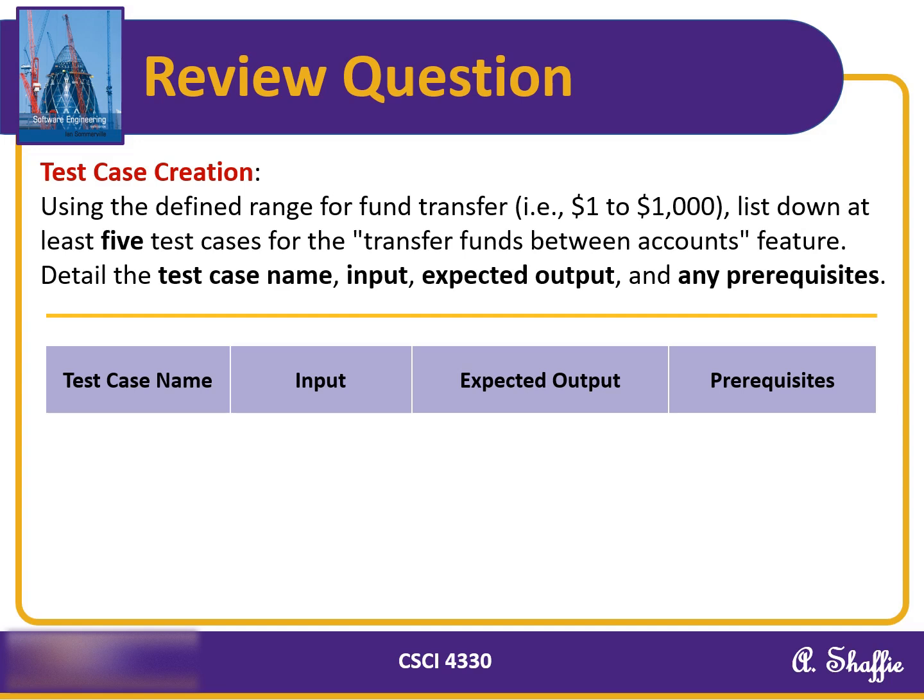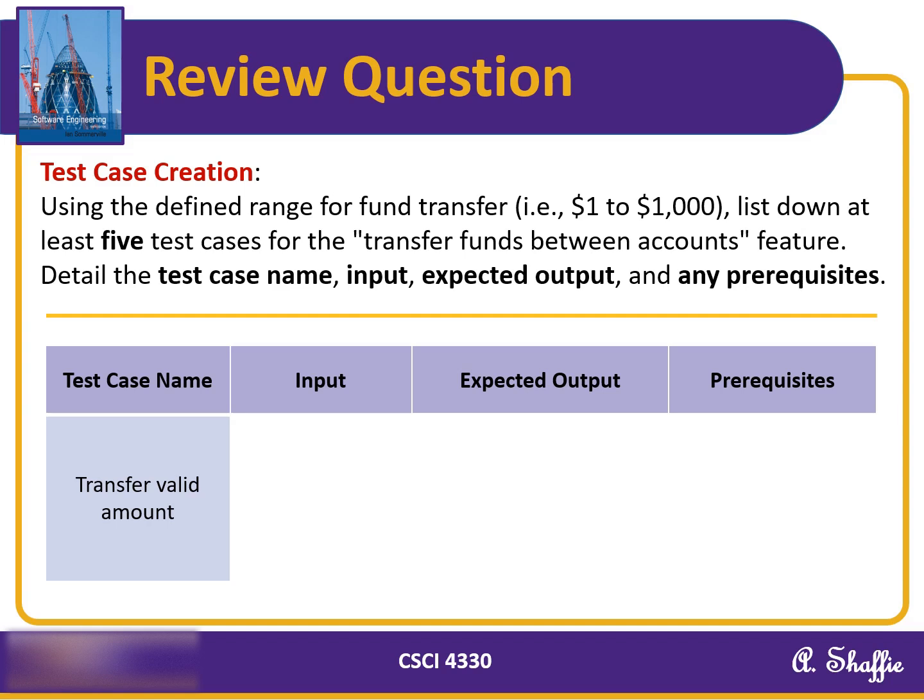The first test case I believe all of us would want to test is a regular money transfer. This involves transferring any amount less than $1,000 and greater than $1 to be considered a valid transaction. I will name this test case Transfer Valid Amount.